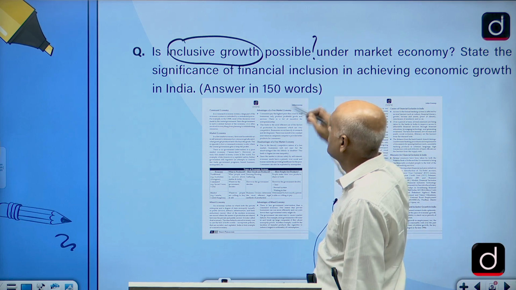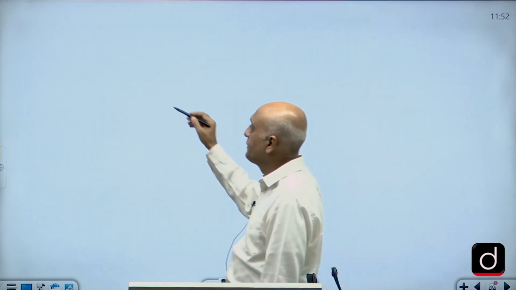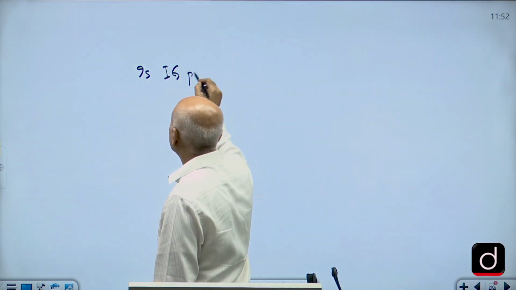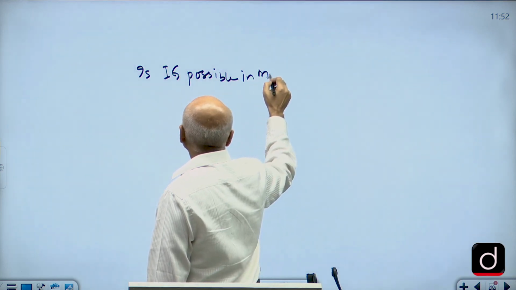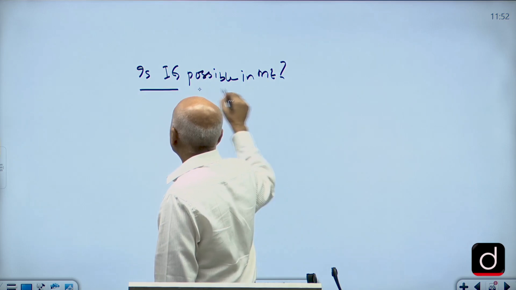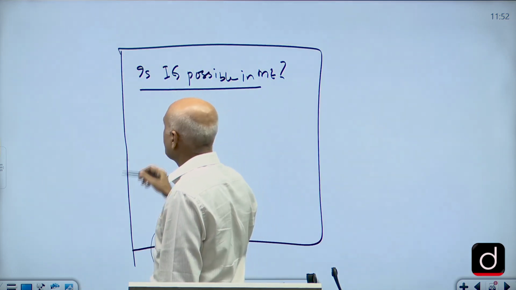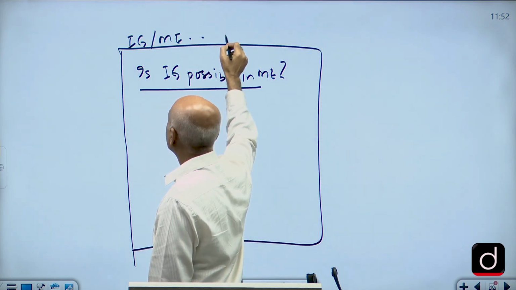So in the first part, you have to say, is inclusive growth possible in a market economy? This is your question in the first part. Again, a brief introduction can be given about what is inclusive growth or what is a market economy.